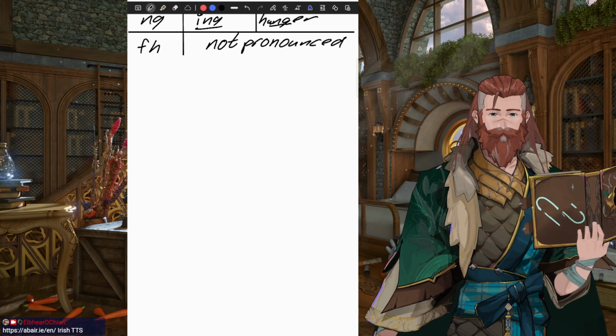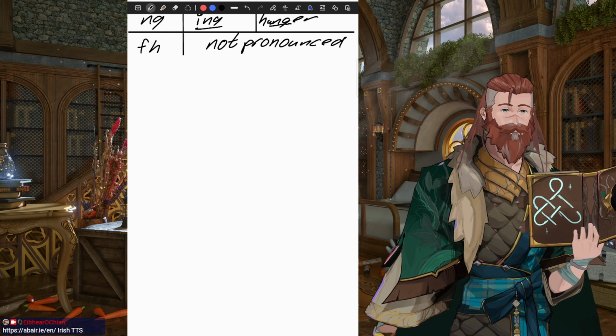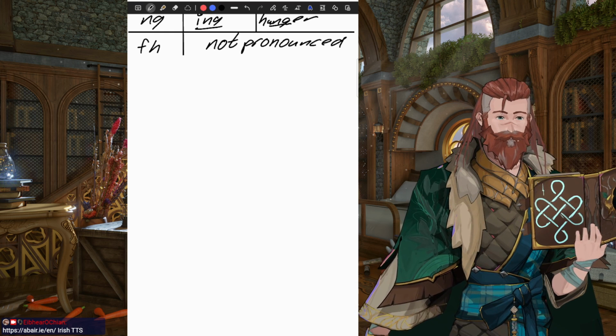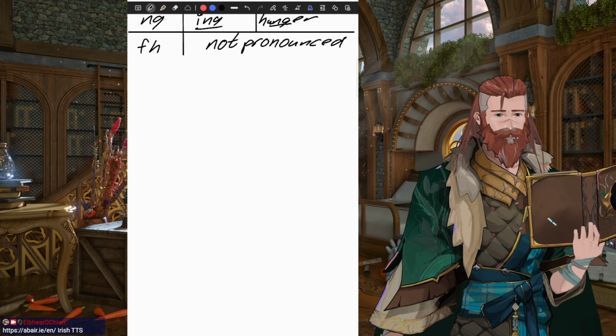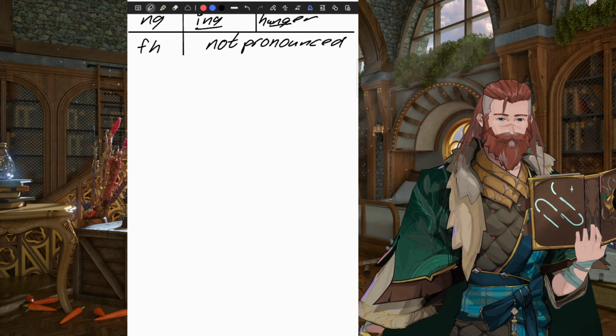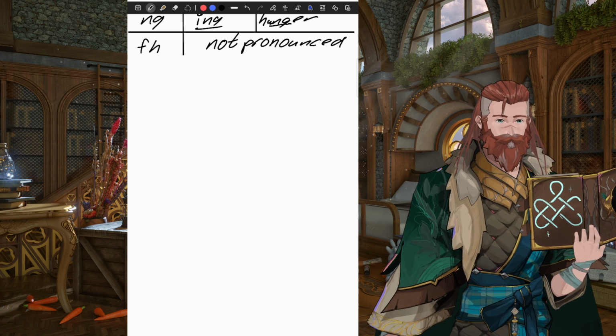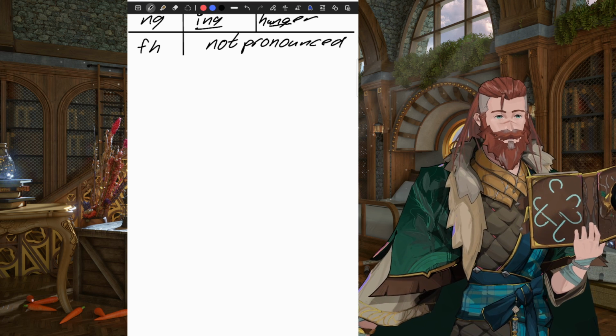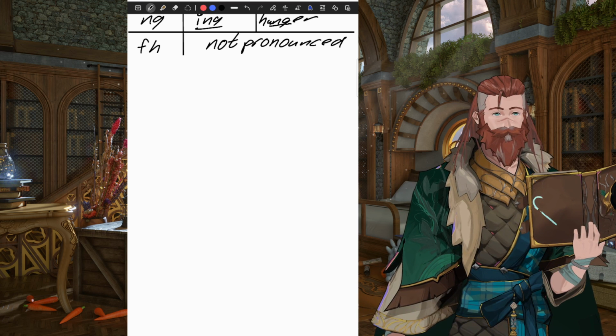So if you ever see an Irish word and you're confused as to how to pronounce it, slap it in there, give it a go. It's got voices for the three major dialects of Irish.